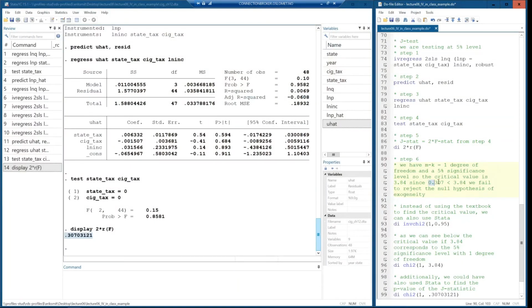Okay, and since our J-stat is less than the critical value, then we say that we cannot reject the null hypothesis of exogeneity, which means that we are led to believe that these two instruments are indeed exogenous.